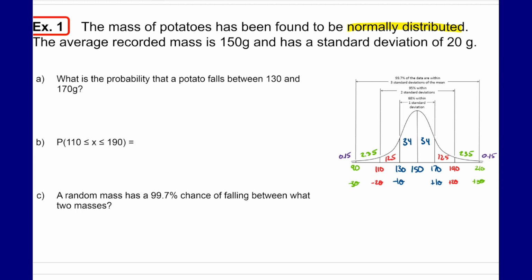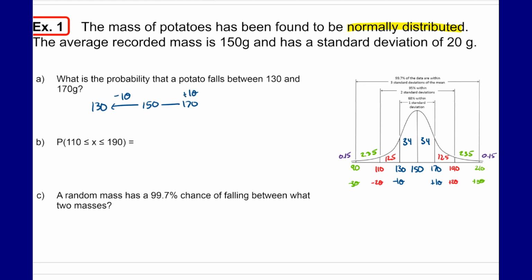So what is the probability that a potato falls between 130 and 170 grams? You could highlight what we're looking at, the range here. The area underneath the curve would be 34 and 34, so 68, because 130 is one standard deviation below the mean, and 170 is one standard deviation above the mean.